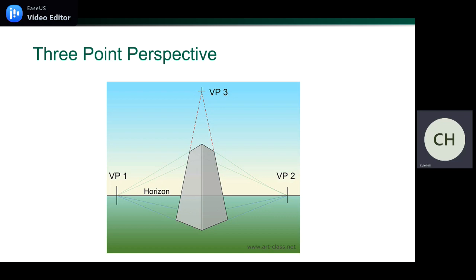And what this does is it gives you information about height distance as well as horizontal distance. So you see the faces of the building that are closer to you get smaller as they move away, and also the bottom of the building is larger than the top of the building because, again, this gives the solution of distance from the observer.